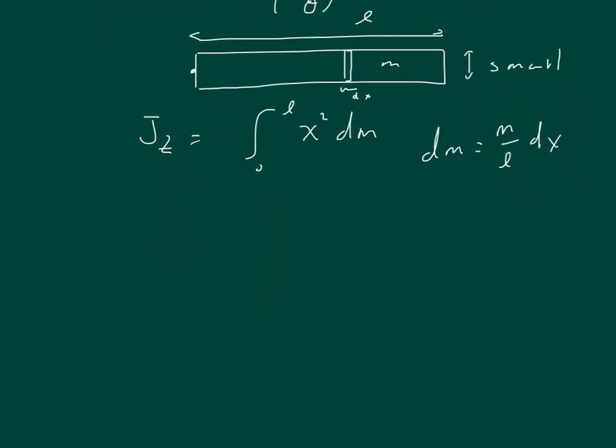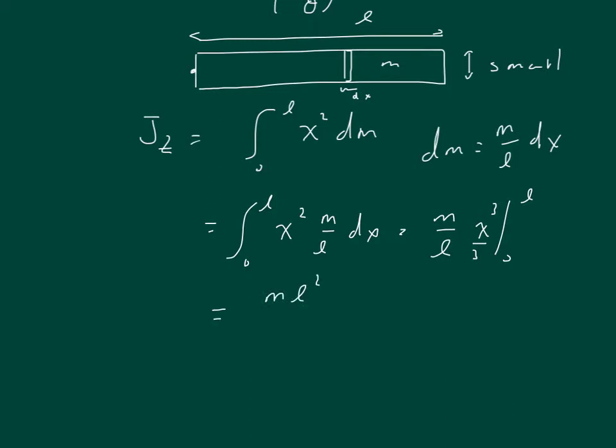Therefore, the inertia is the integral from 0 to L of x squared m over L dx, which is m over L times x cubed over 3, evaluated from 0 to L. And so we have mass L squared over 3. Therefore, the total kinetic energy is 1/2 mass L squared over 3 times theta dot squared.